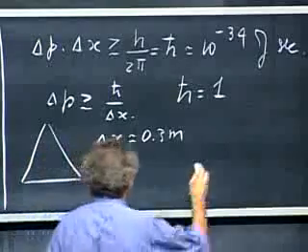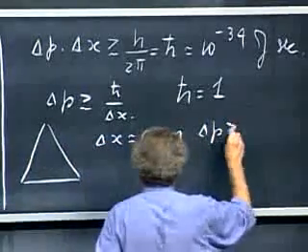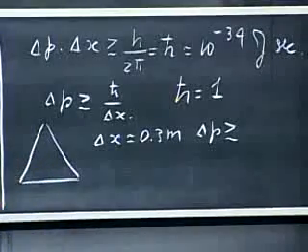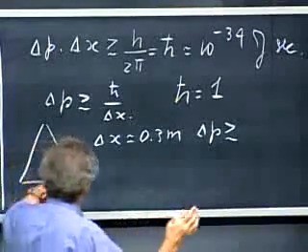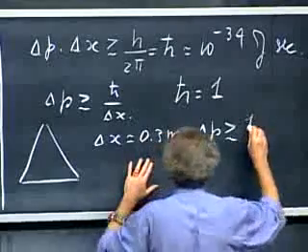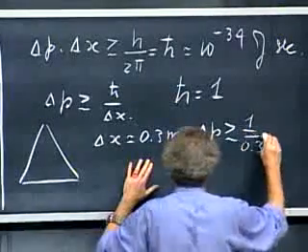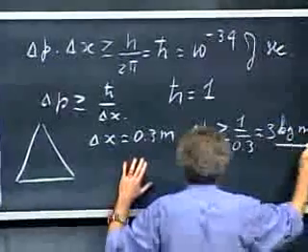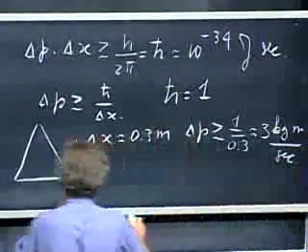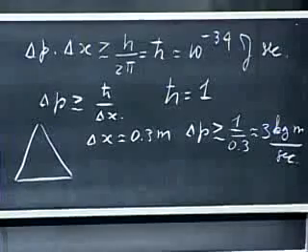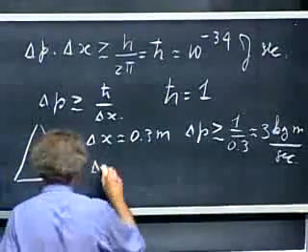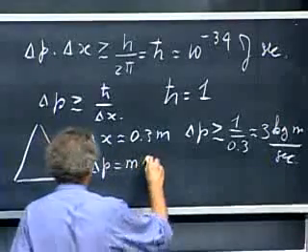That means that the momentum is not determined to an approximate value of 1 divided by 0.3, which is about 3 kilogram meters per second. Now, if we give the billiard ball a mass of 1 kilogram, then delta p is m delta v.